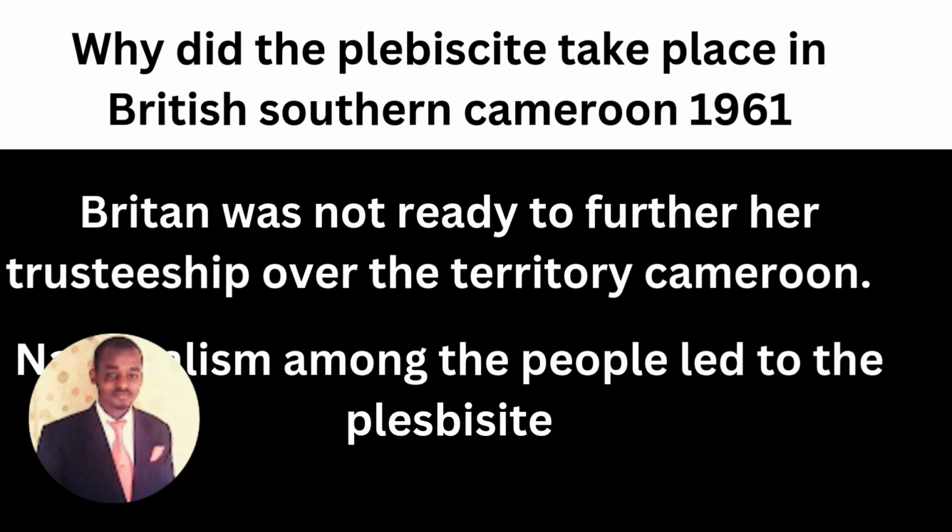Nationalism among the people led to the plebiscite. Many people started striking, asking for the end of British rule over the territory. That is one of the reasons why there was a plebiscite in 1961.